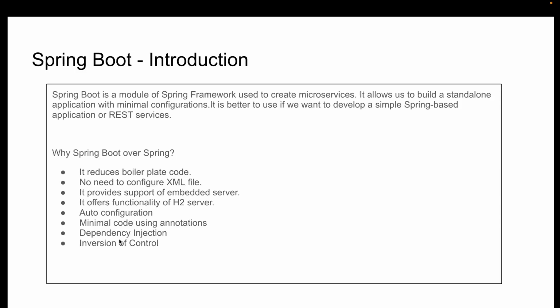And inversion of control is a design principle available within the Spring framework. This design principle helps in creating objects, configuring and assembling their dependencies, and managing their entire life cycle.